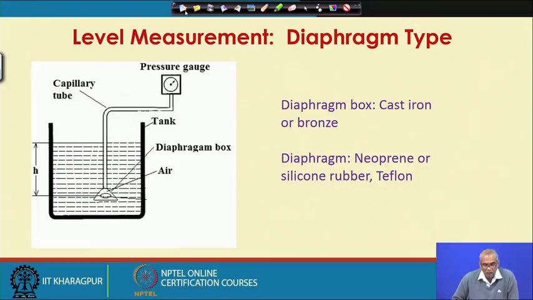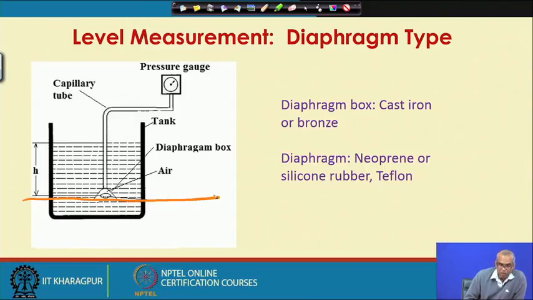Now, this diaphragm box is located at a fixed position within the tank. So, the position of the diaphragm box is, let us say, fixed, which is this.